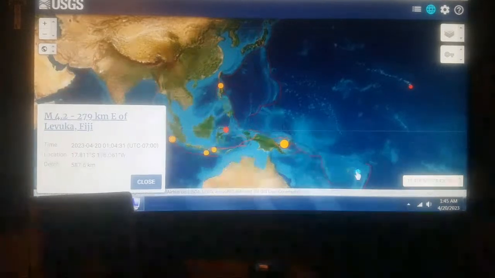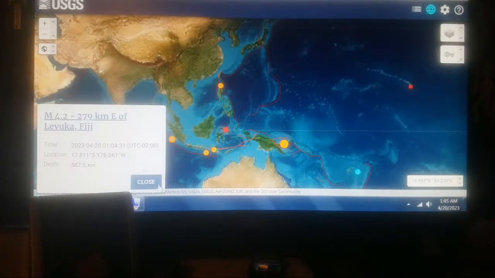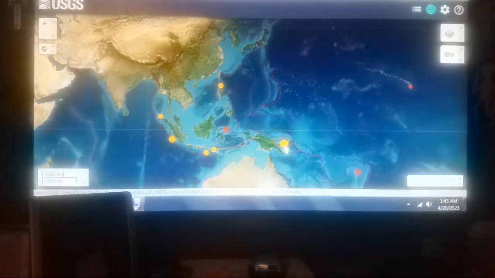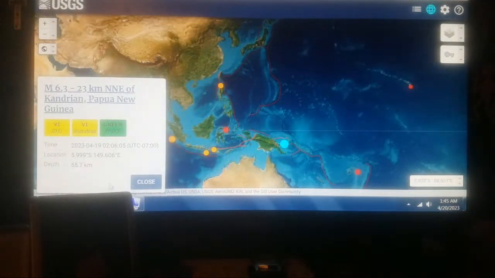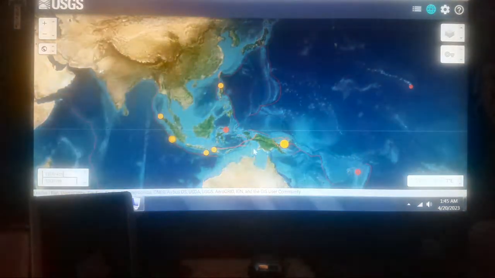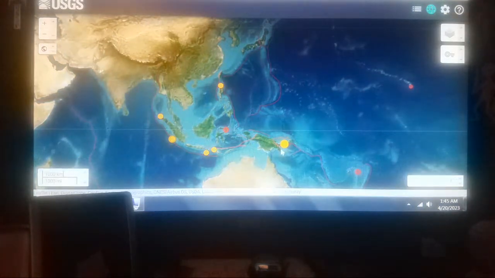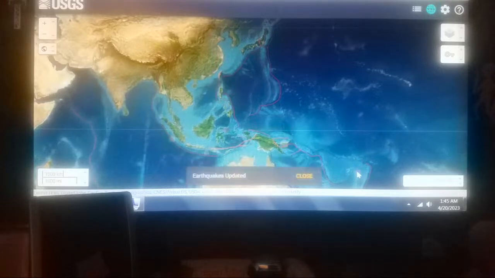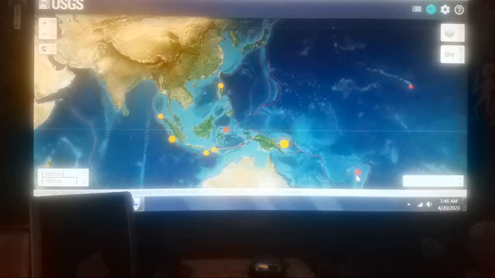I'm not going to start really calling off numbers because they're going to be a little scary. And let's just say this 6.3 is definitely starting to give us reason for concern, especially now that we have a new deep earthquake behind it. It's not a big one, but it's adding to the pressure in this area.